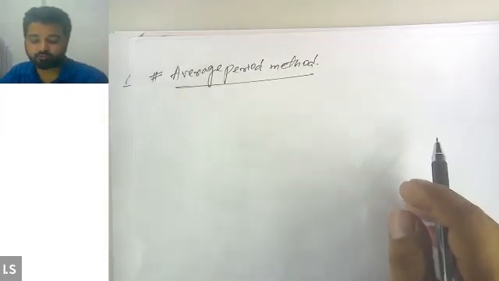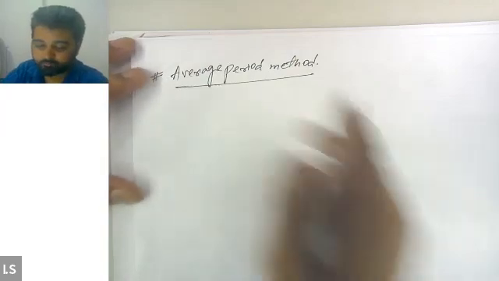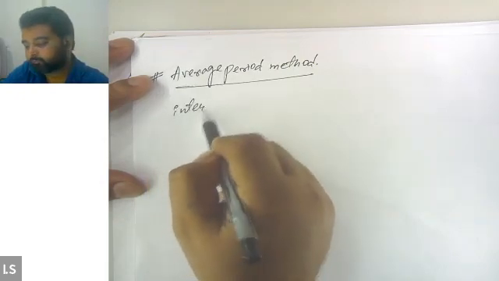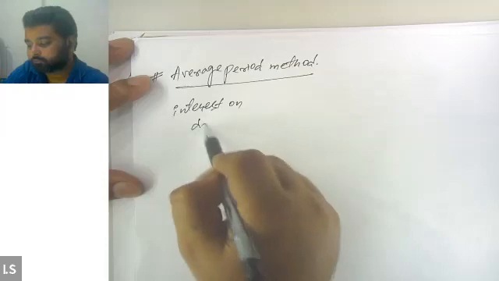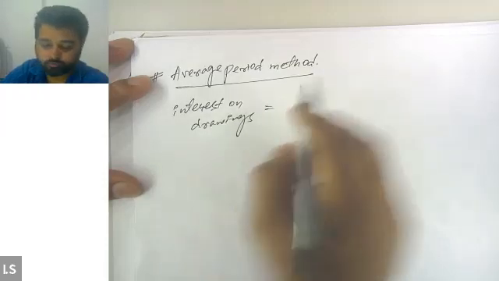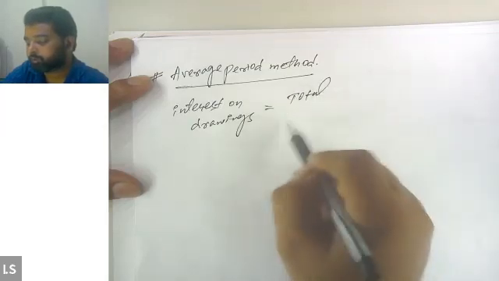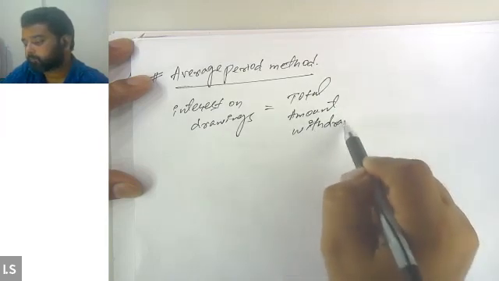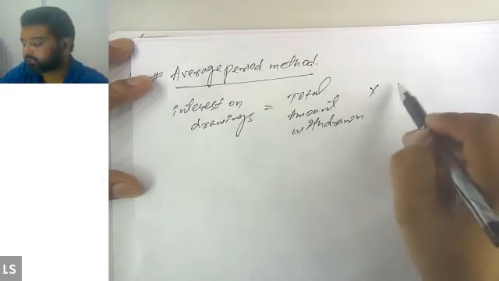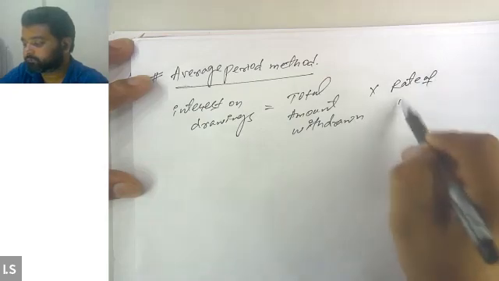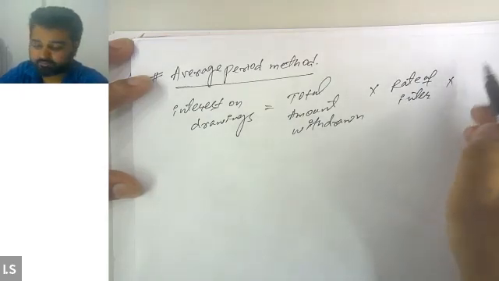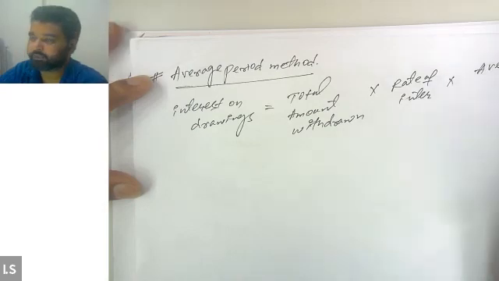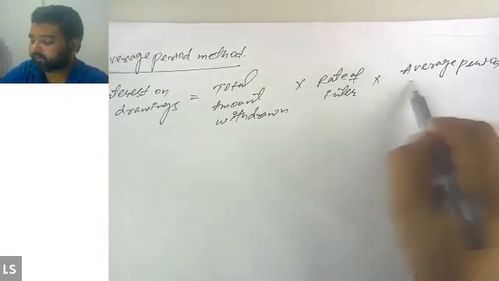The formula for calculating interest on drawings by the average period method is: interest on drawings equals total amount withdrawn, multiplied by the rate of interest, and then multiplied by the average period divided by 12.